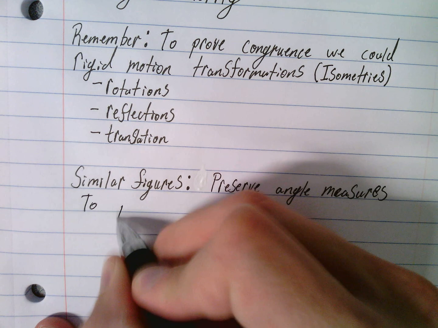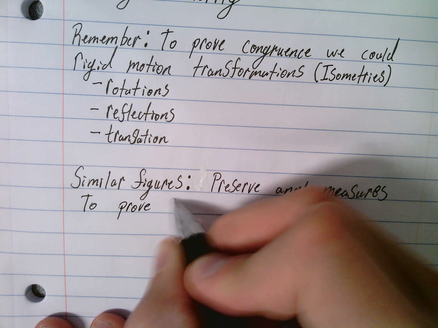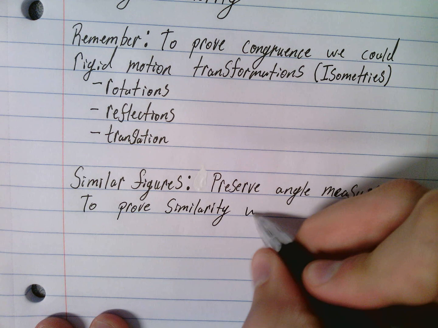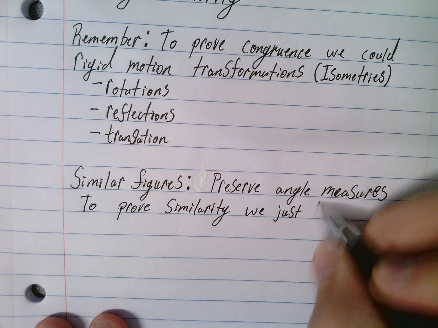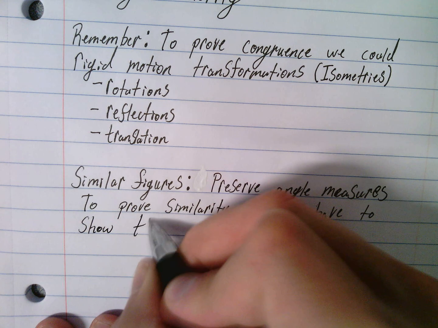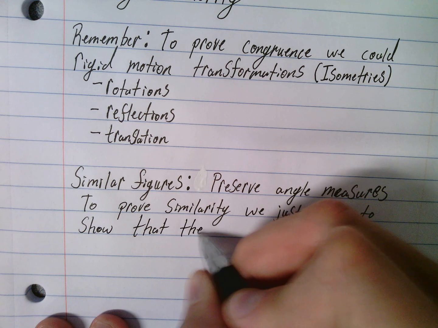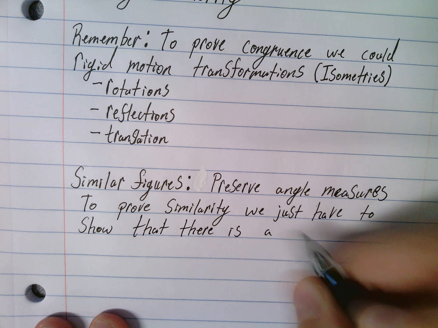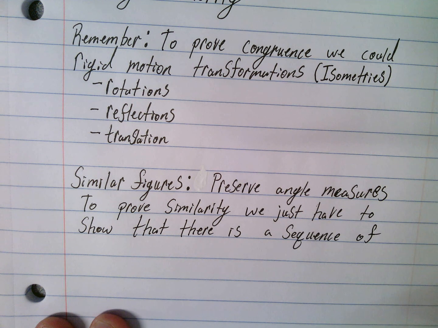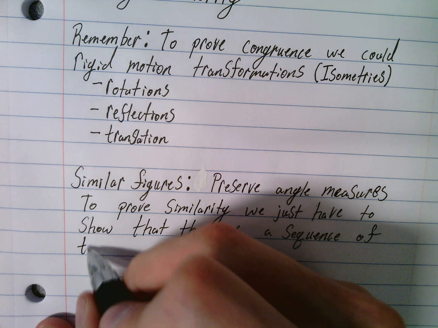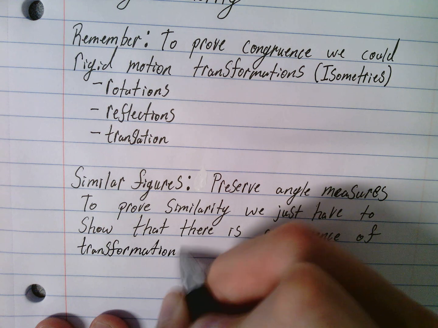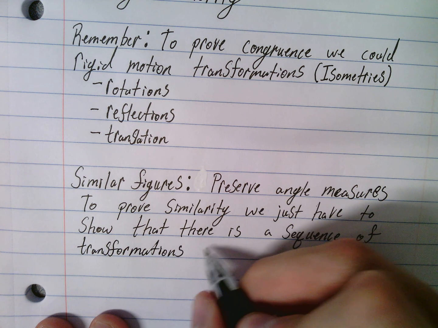To prove similarity, we just have to show that there is a sequence of transformations that maps the preimage to the image.